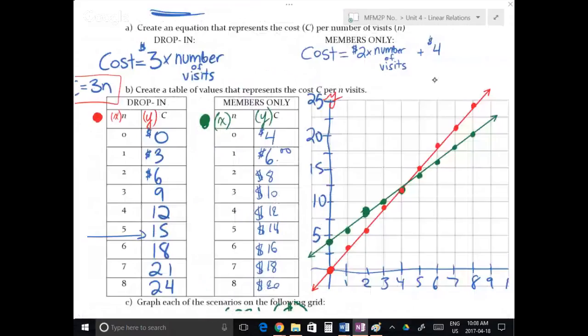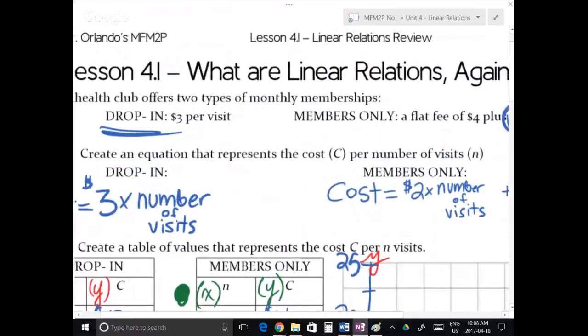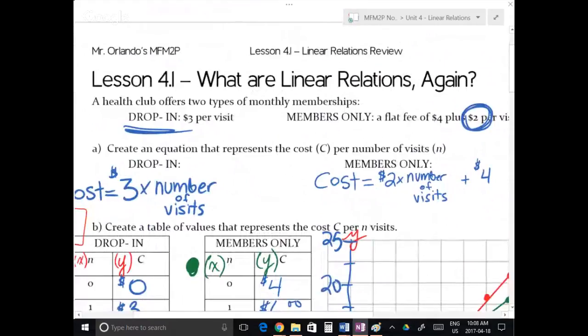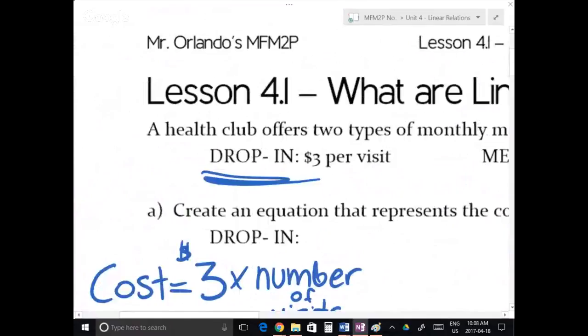From Thursday, when we talked about this gym membership, if I was in the drop-in gym class, if I'm just dropping in whenever I want, what was my rate of change? $3 per visit. Good. Remember, a rate is always something per something.